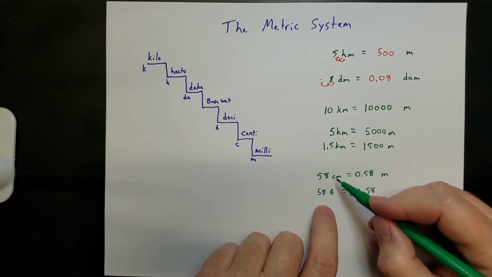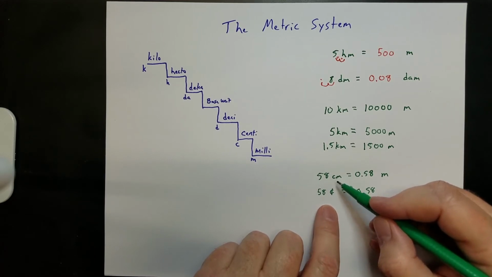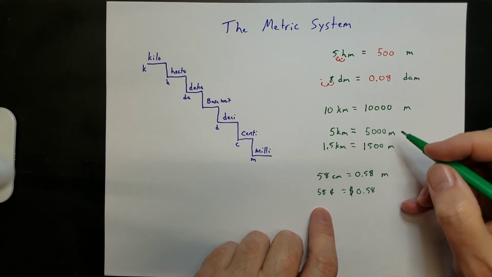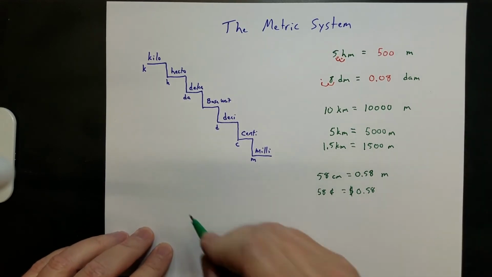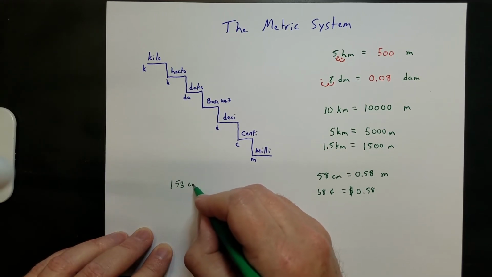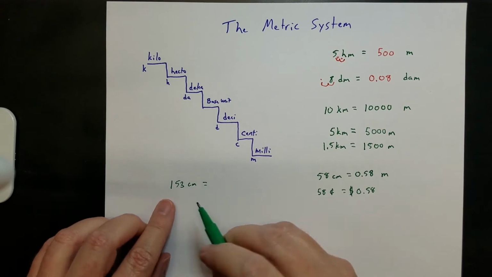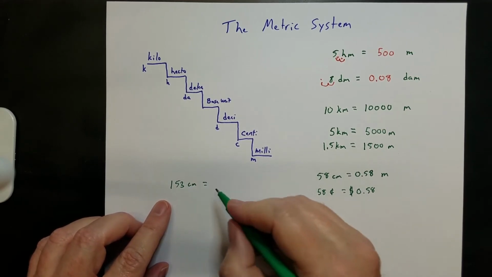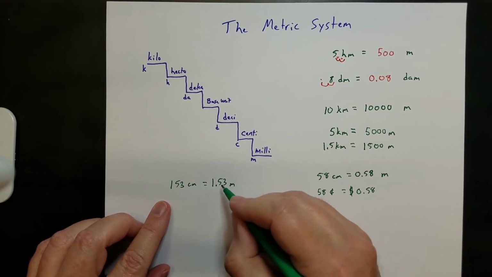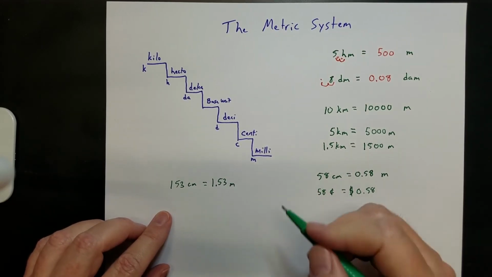So if you think of cents and centa, and thousands when you think about K, you can easily make those conversions. So if you have 153 centimeters, well, if you have 153 pennies, you have $1.53, just like you have 1.53 meters.